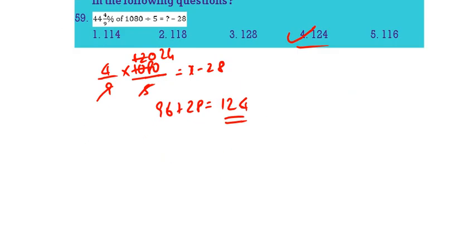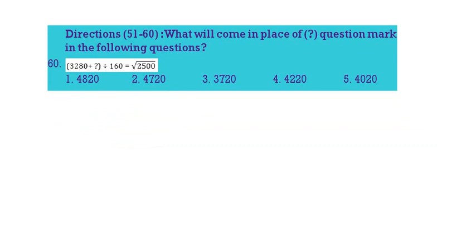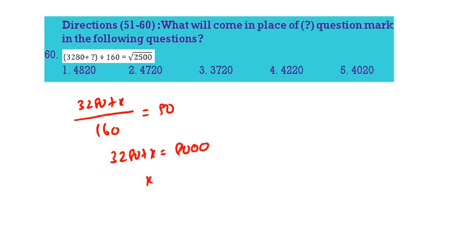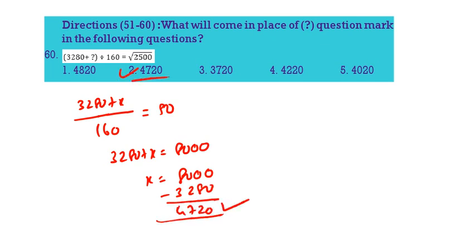Next question. 3280 plus x by 160 is equal to 50. So 3280 plus x is equal to 8000. X value 8000 minus 3280, that is equal to 4720. 2 is the correct answer.